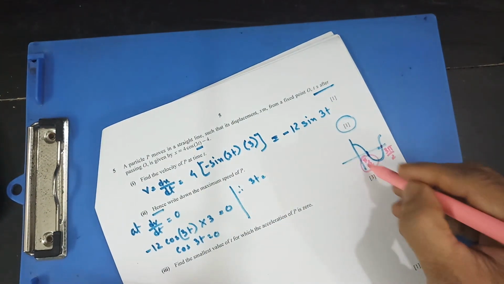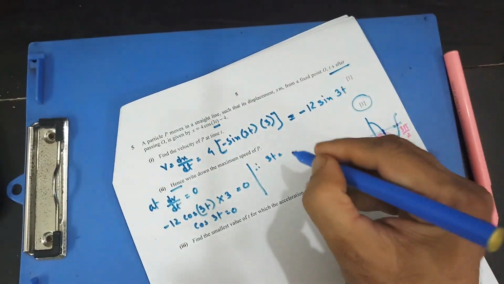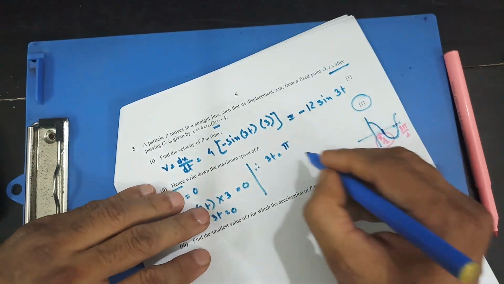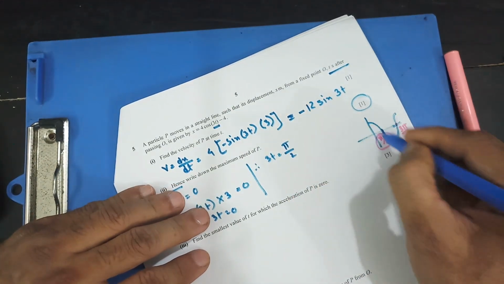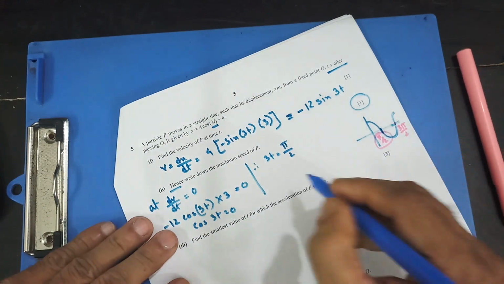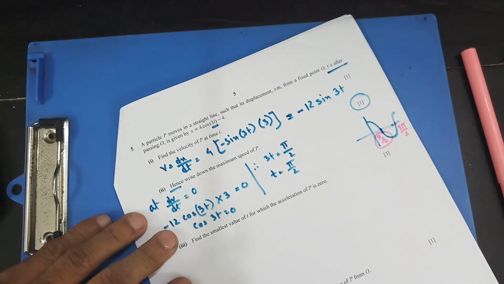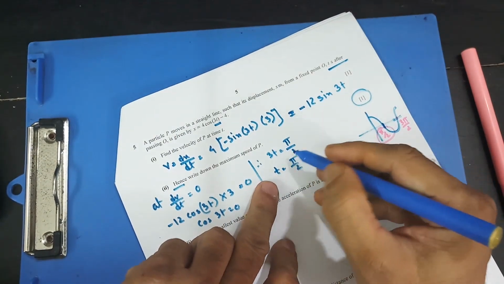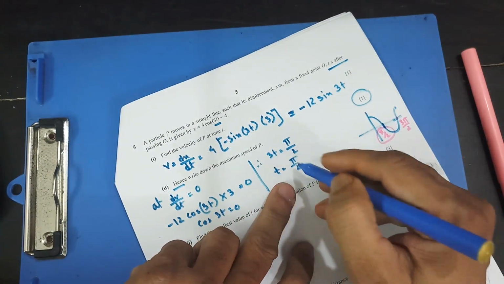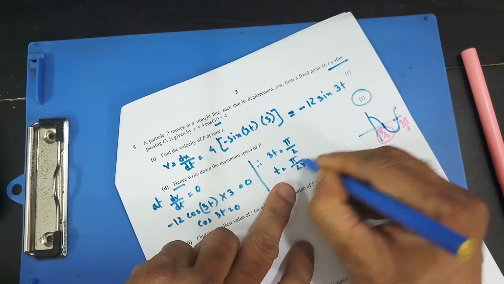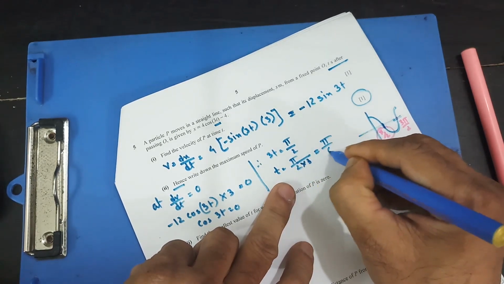So the first one is pi by 2. I don't need the other one because I need the first time it happens. So 3t is pi by 2, and of course there is the 3, so that comes down here, so t is pi by 6.